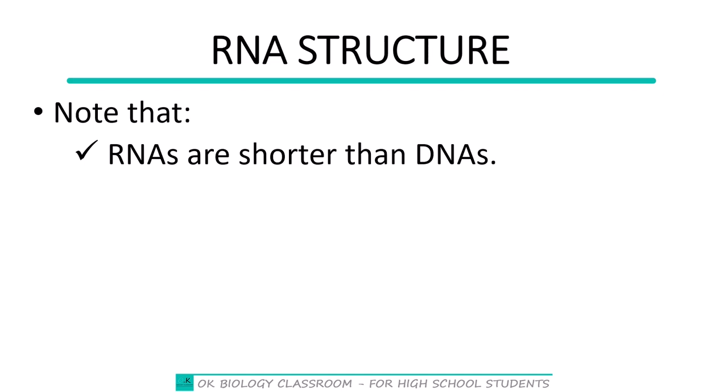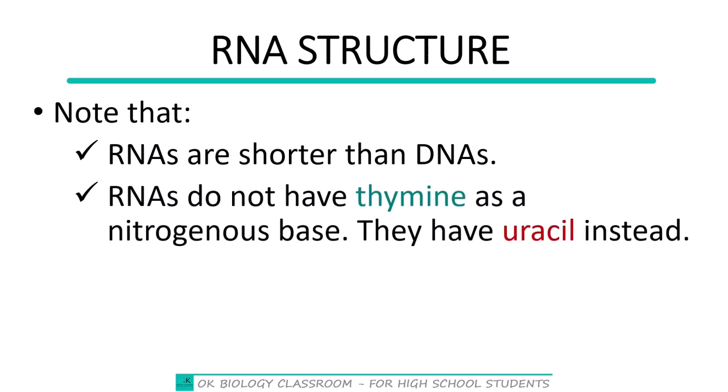And we also need to appreciate that when we talk about the structure of the DNA and its nitrogenous bases, we mentioned that one of the nitrogenous bases of DNA is thymine. But when it comes to the RNA structure, there is no thymine as a nitrogenous base. Rather, there is uracil. Okay, so RNAs do not have thymine.